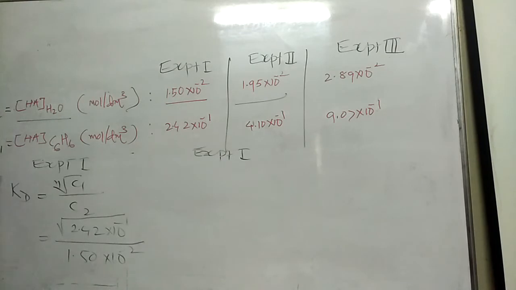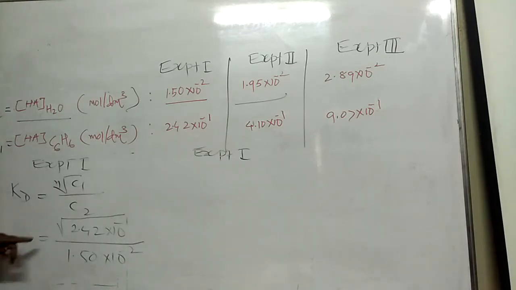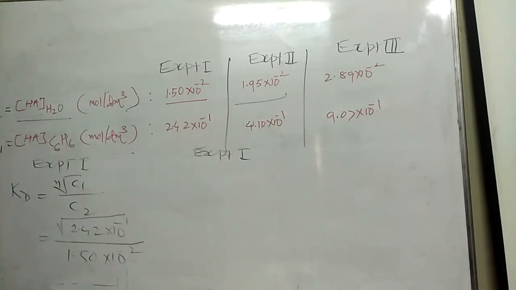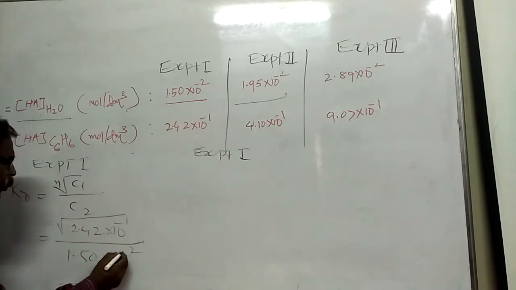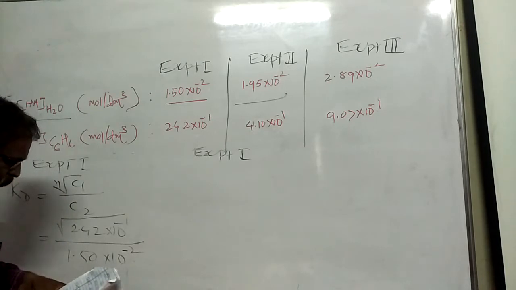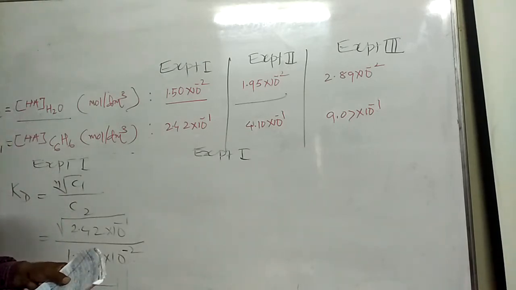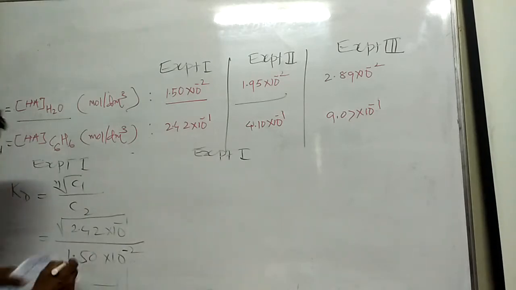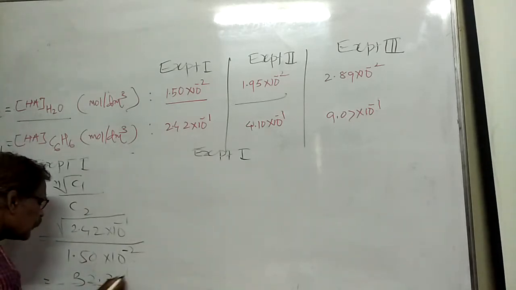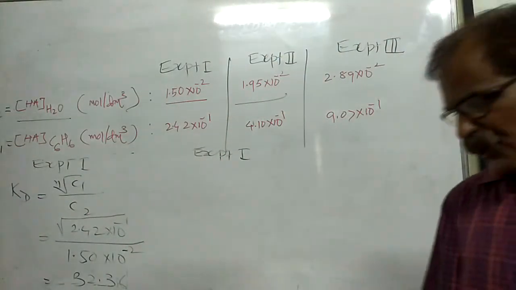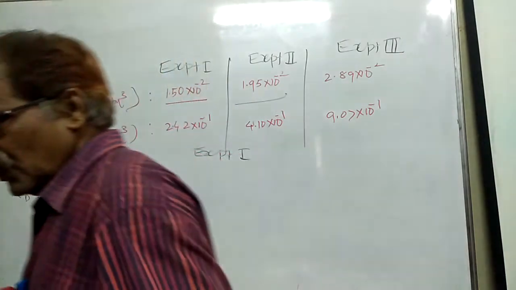The partition coefficient in the first case is equal to the square root of 2.42 into 10 to the power minus 1 upon 1.50 into 10 to the power minus 2, and here we find that the partition coefficient in experiment number 1 is equal to 32.36.